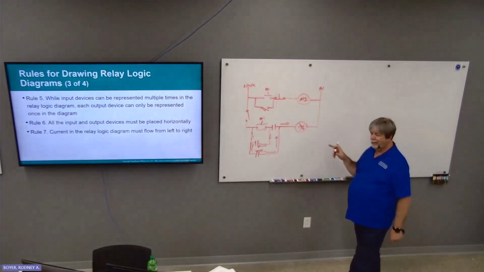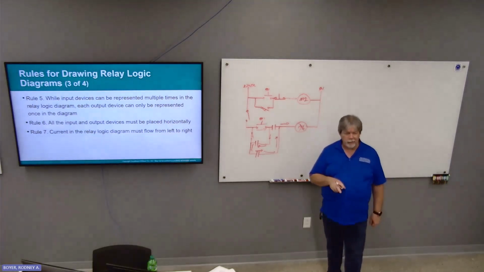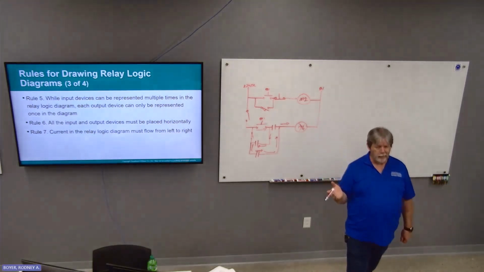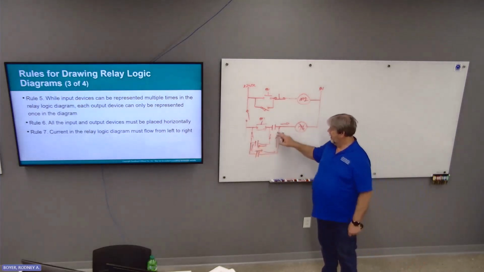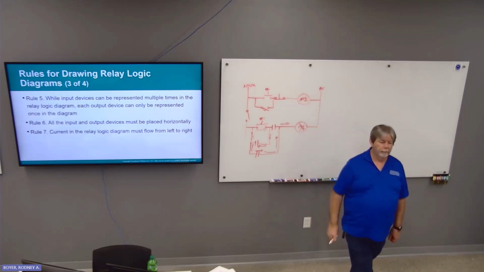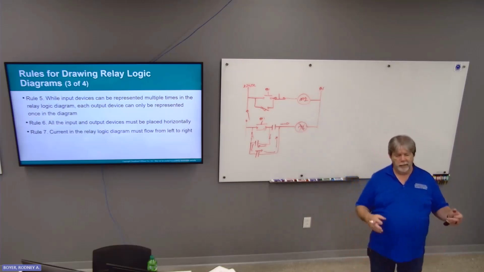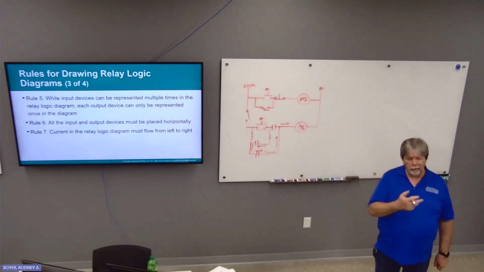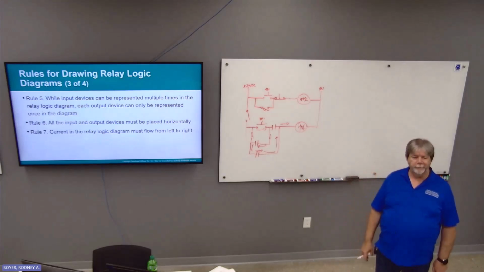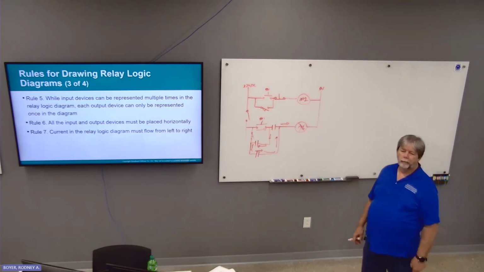Relay, you can get away with that. In ladder logic, i.e. PLC, it will not evaluate that as true. It always scans top to bottom, from left to right. If it has to turn around and go backwards, it will completely ignore it.